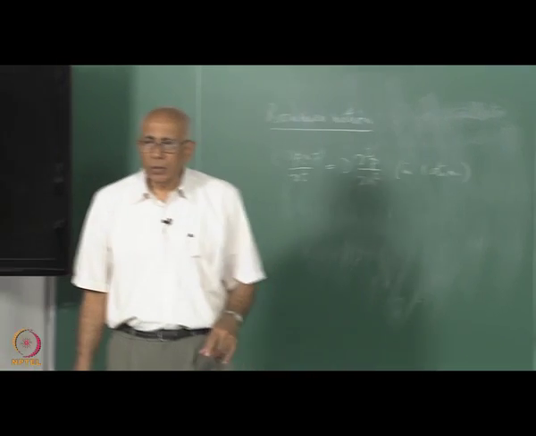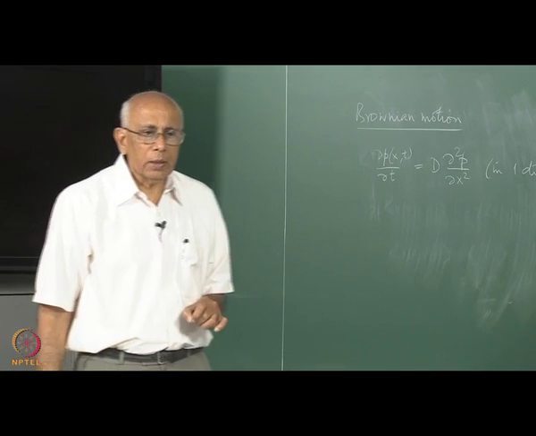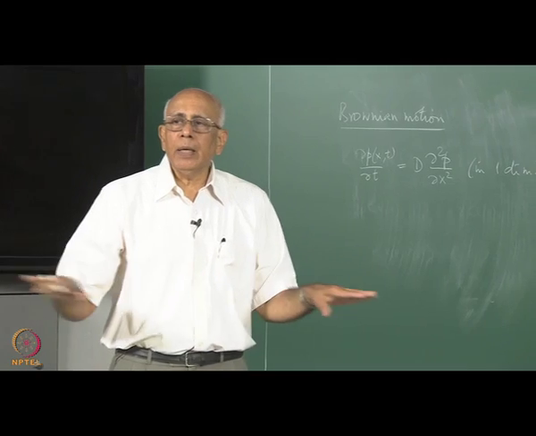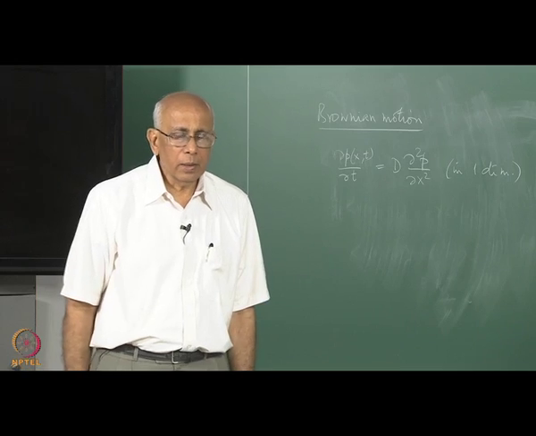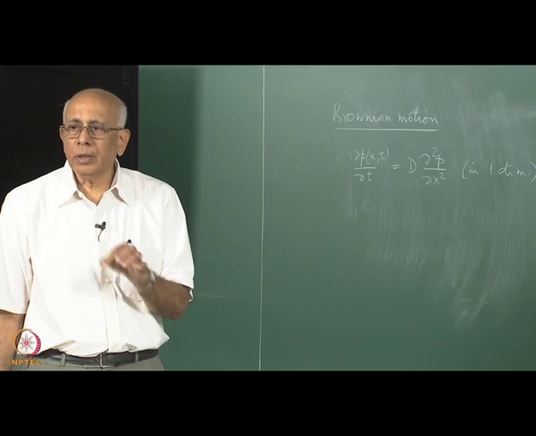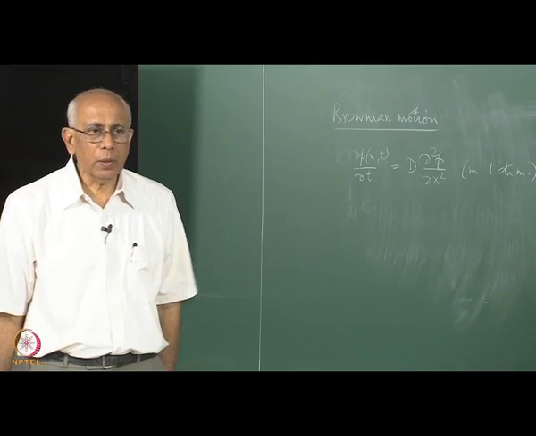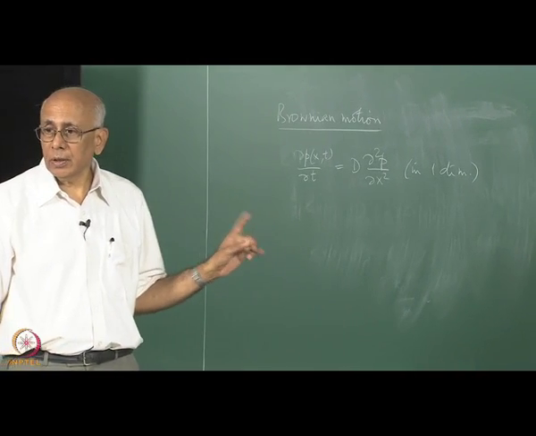It is useful to write down the fundamental solution of this particular equation, the solution which says that p and its derivatives vanish at plus minus infinity in x, and we assume also that the particle starts at the origin at t equal to 0. So you are really solving for the Green function of this differential operator.